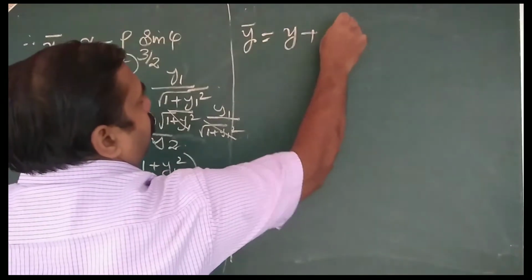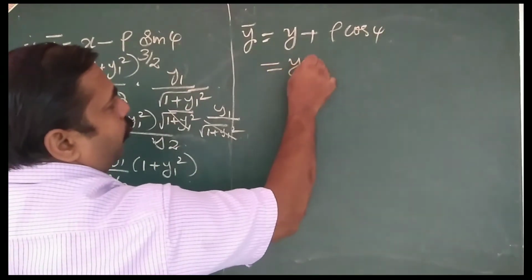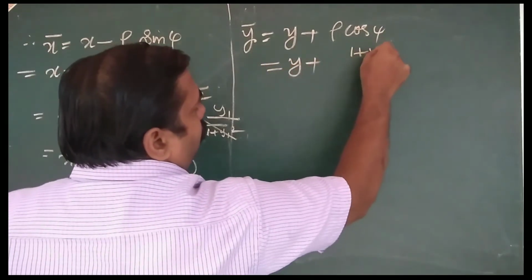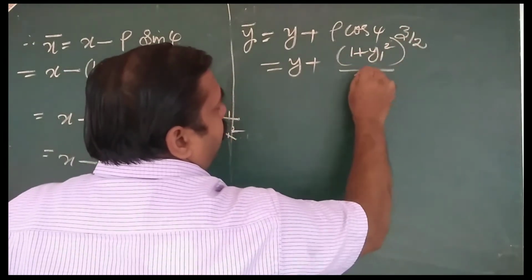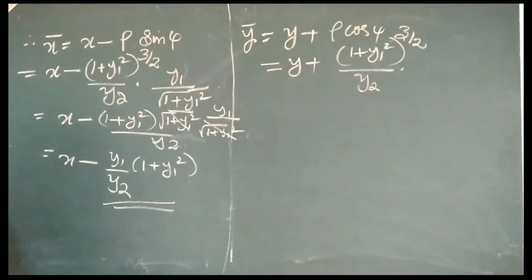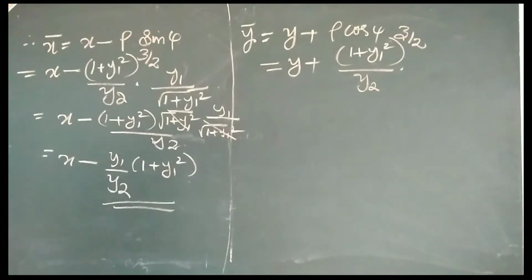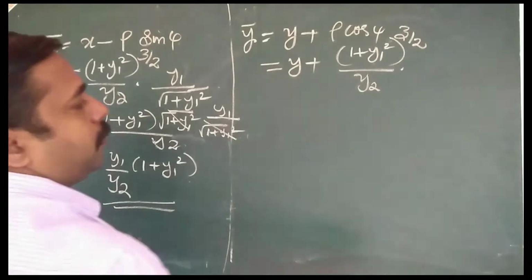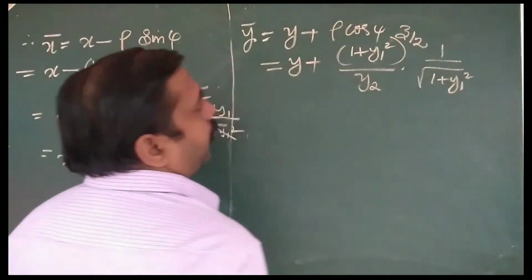Y bar is y plus rho cos psi, that is y plus 1 plus y1 square whole power 3 by 2 by y2 into cos psi. So what is cos psi here? The cos psi value is equal to 1 by root of 1 plus y1 square.